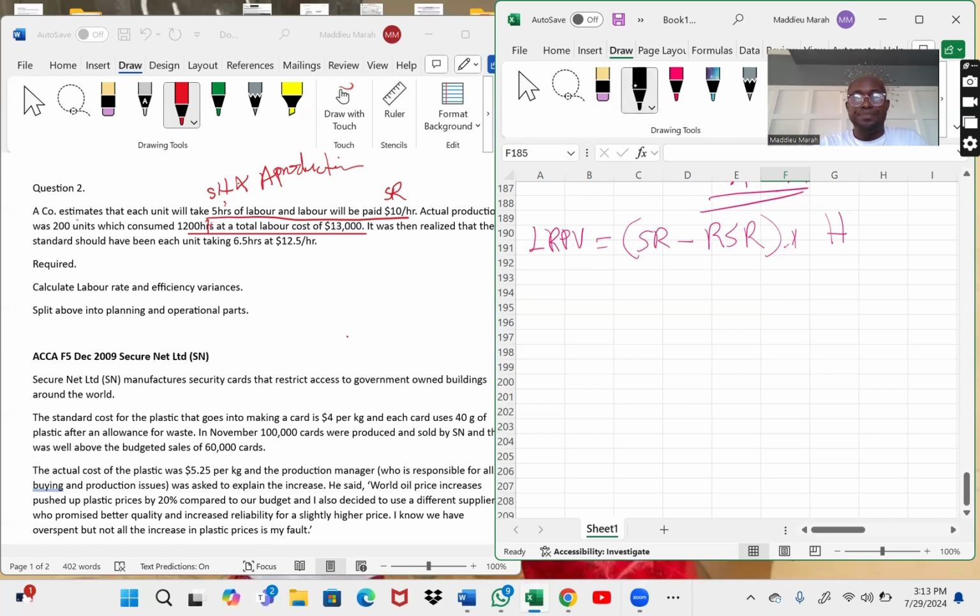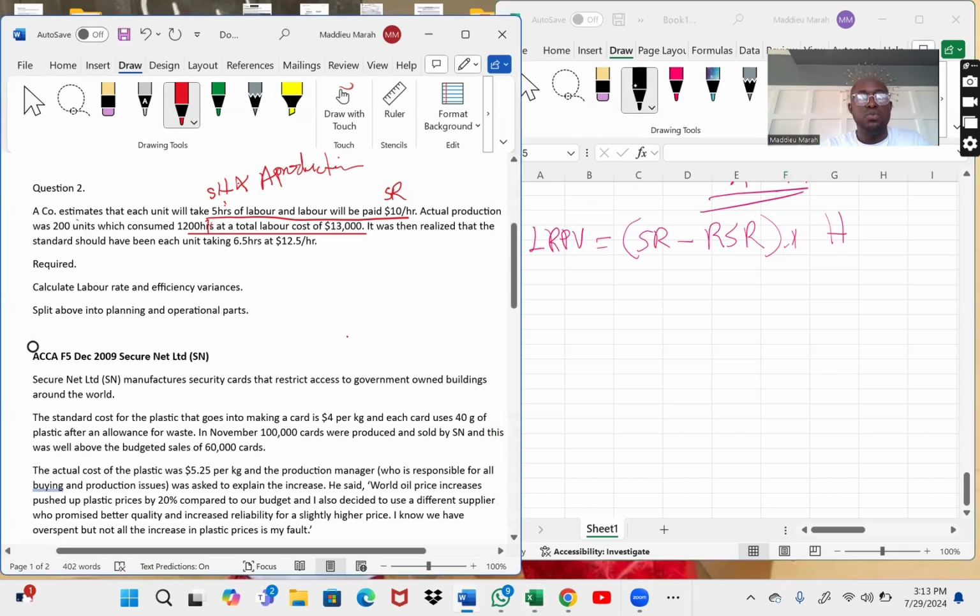What's our revised? It was then realized that the standard should have been each unit taking 6.5 hours at 12.5.